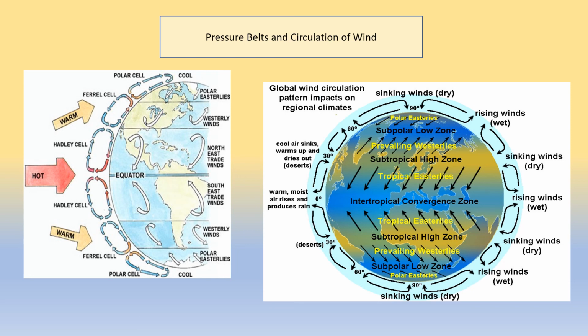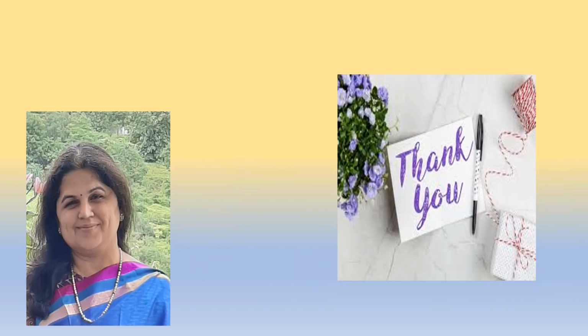And at 60 degrees, the rising air mixed with the sinking cold air leads to the formation of heavy precipitation at 60 degrees northern and southern latitude, and the subpolar low pressure belt comes into existence. This is the global wind circulation.